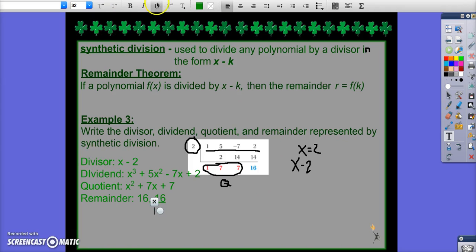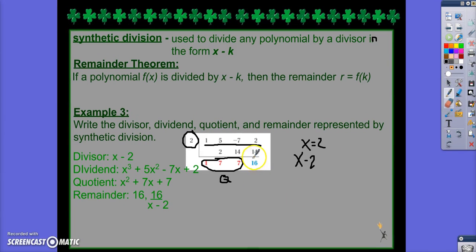We can get rid of the underlining there. So you could write it as a remainder number, but it's also a fraction, remainder over the divisor. And I'll just add that there. R for remainder. And that's how you label them all.